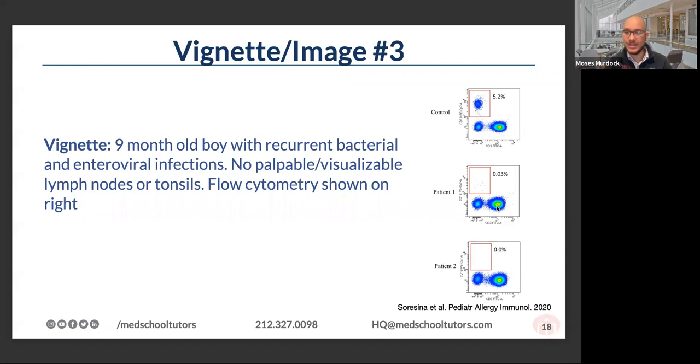The x-axis is CD3, which is a marker for T cells, and the y-axis is CD19. I'm not going to tell you exactly what CD19 is a marker for, because that would give it away. And you see that the controls don't have that population that is CD3 negative, CD19 positive. Okay, a lot of information there. What's a possible diagnosis that could lead to this finding?